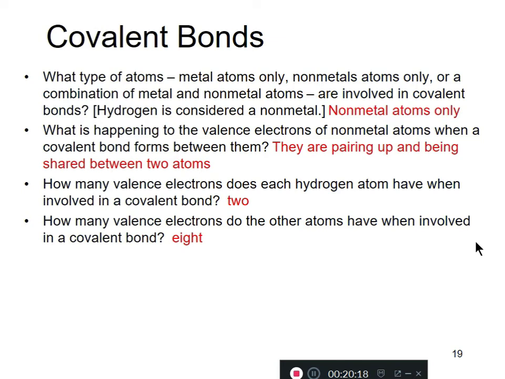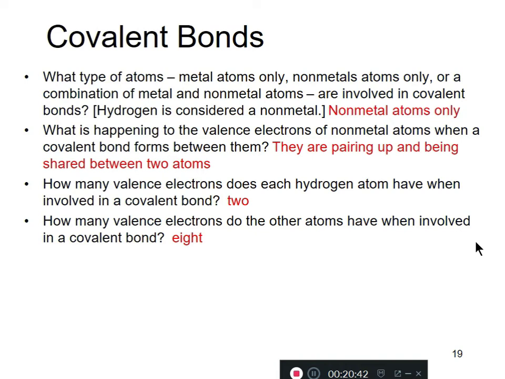So they end up having an unofficial double accounting method of gaining one electron. And the valence electrons are pairing up and being shared between the atoms. Each atom next to each other brings one electron to the table to share, and then they get to share both of the electrons.